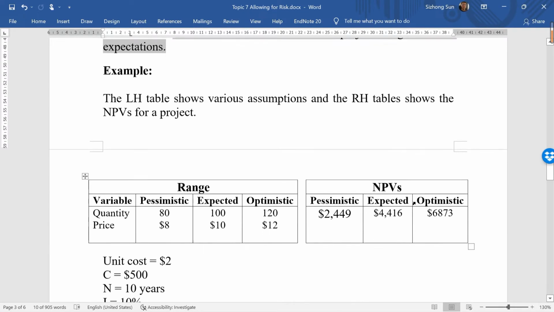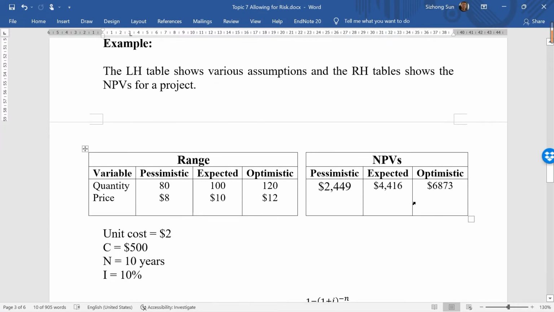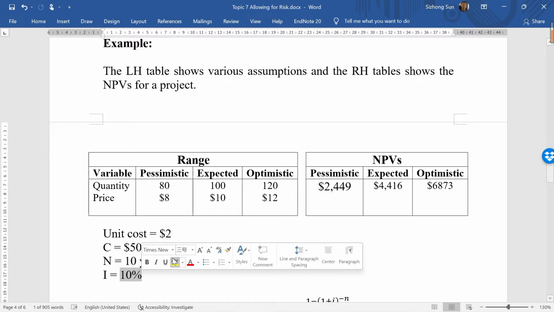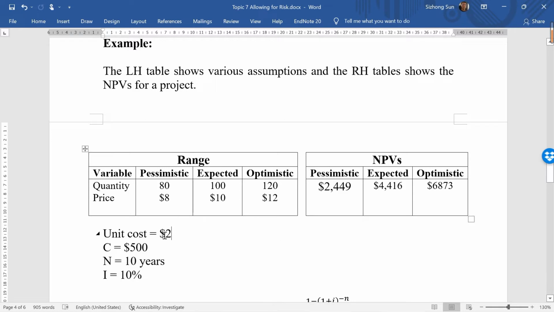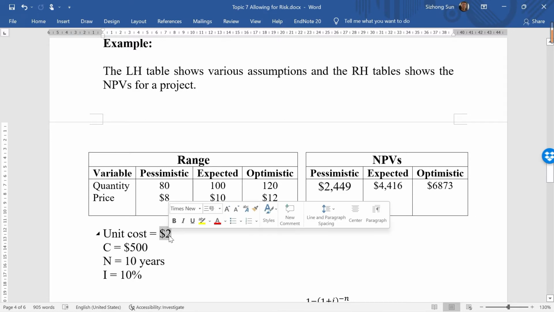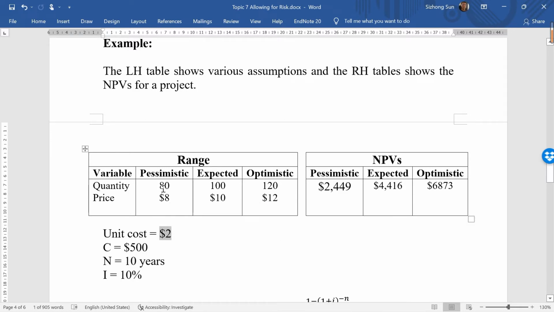Suppose we set up a project that has an initial cost of $500 and it's going to last for 10 years. The discount rate is 10%. In terms of output, there's a unit cost of $2.